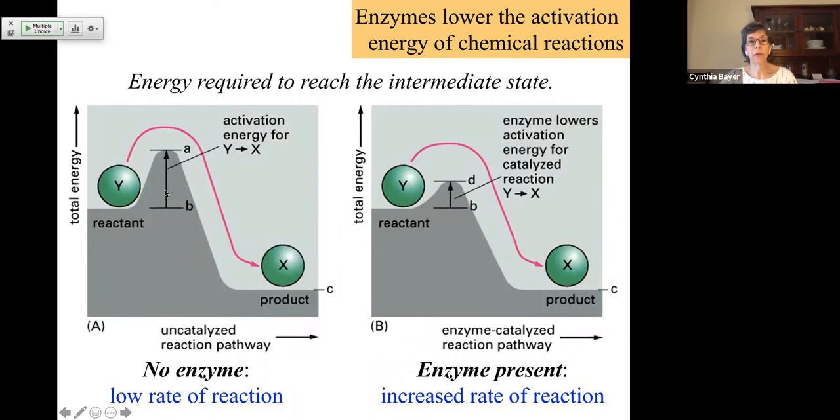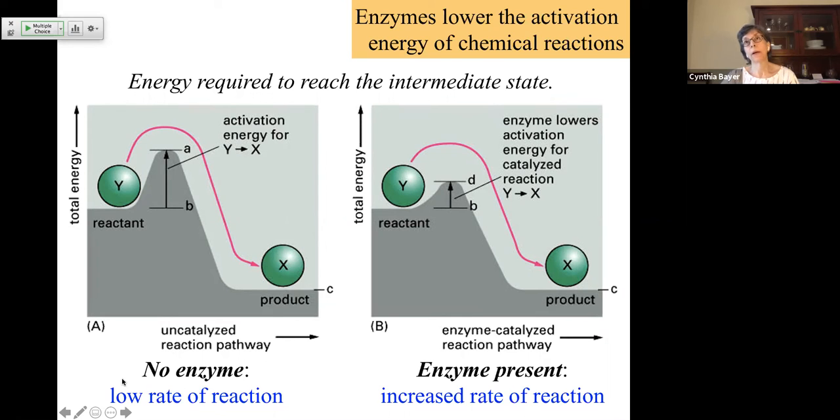The enzyme is lowering the activation energy, the amount of energy that the reaction needs in order to proceed. Reactant Y needs to be converted to this unstable intermediate state in order for Y to be converted to X. In the absence of an enzyme, it may take a while for that to occur.